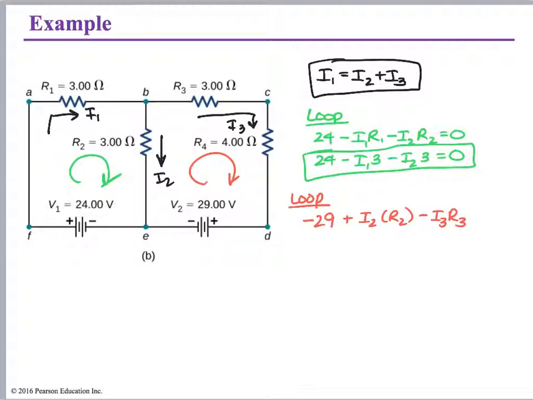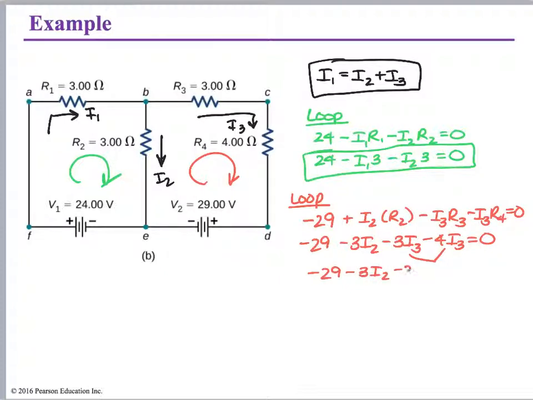And through resistor 4 with the current, that's another loss. So I got minus 29, minus 3I2, minus 3I3, minus 4I3. And I can combine these two, so I'll do that before I'm done. And that becomes our third equation.